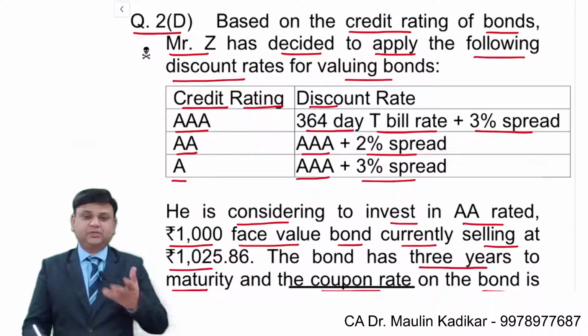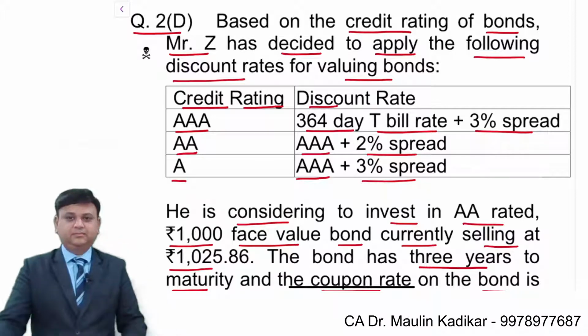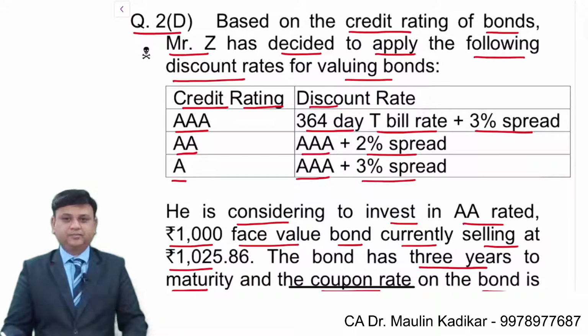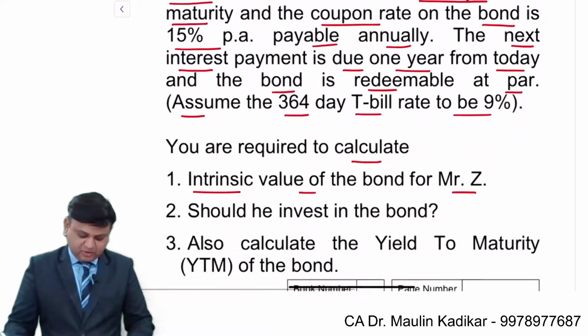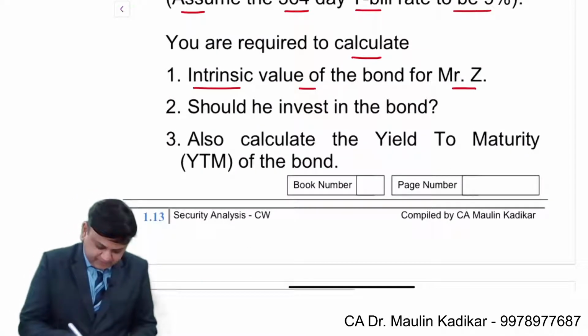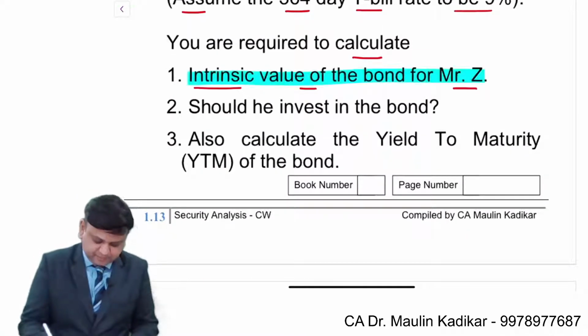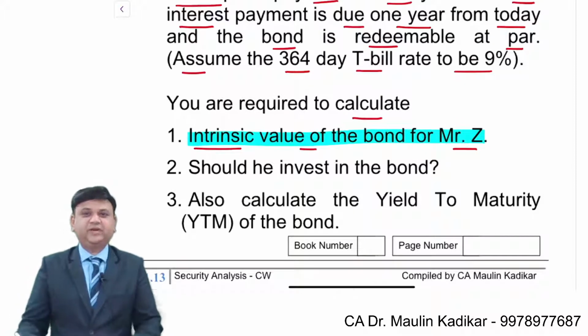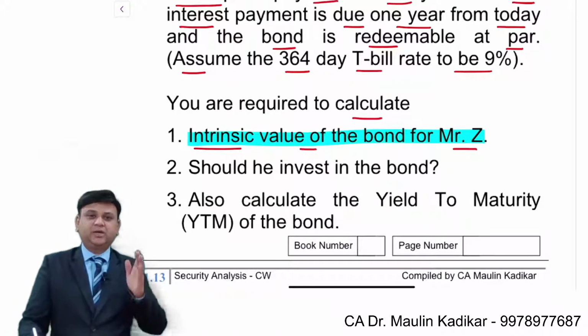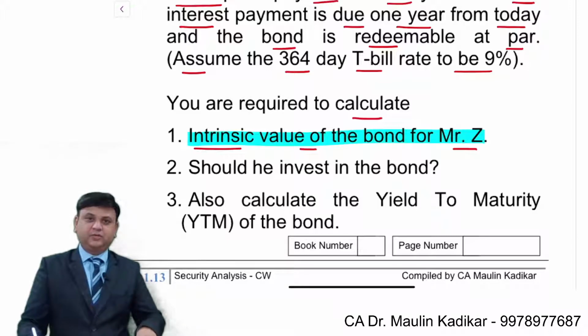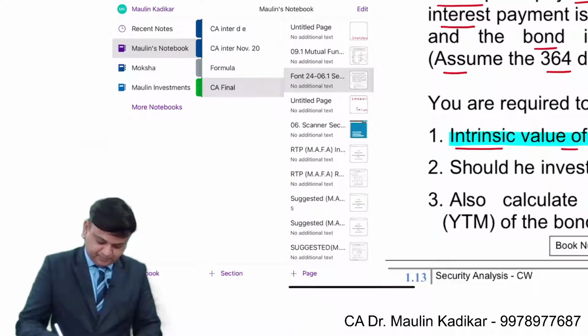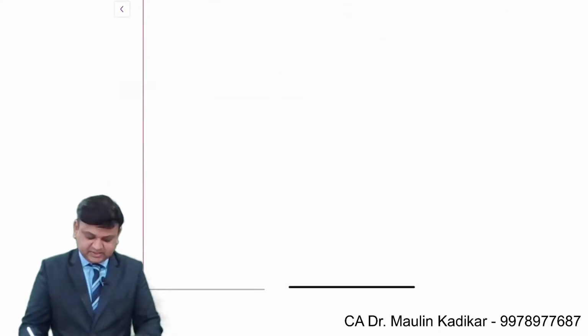Everybody is requested to go through the question and tell me what the first question is about. The first question states that you are required to make the computation of intrinsic value of the bond. What does it mean, friends? It means that you are required to compute from an investor point of view what is the maximum price that investor is ready to pay for the security.